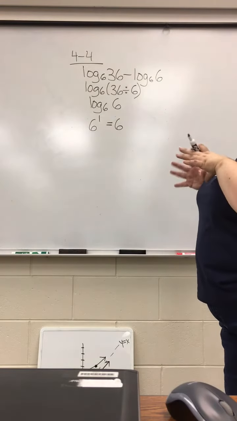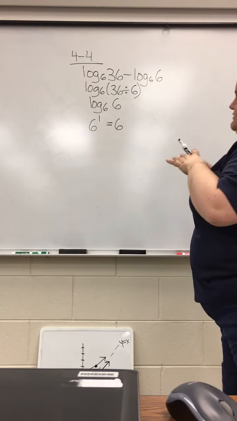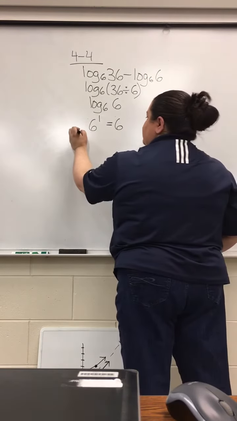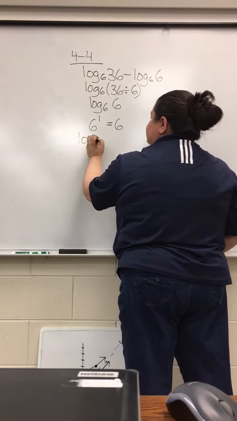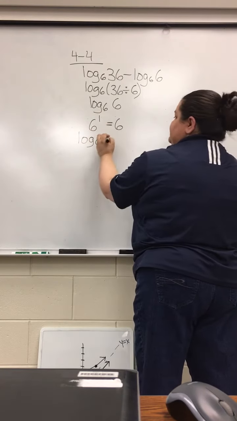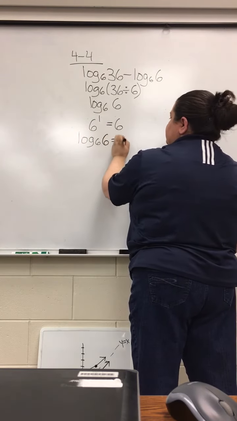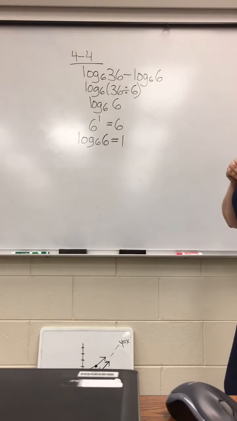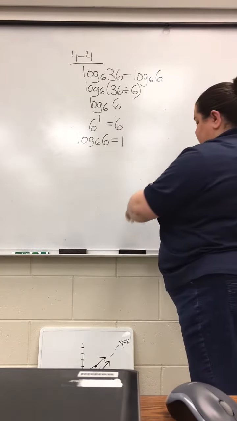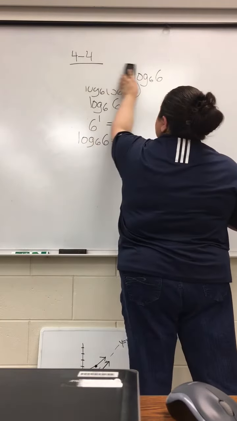So the same exact way that you did the last problem, you're going to do this one too. So log 6 of your answer 6 equals 1. Okay, easy as that.